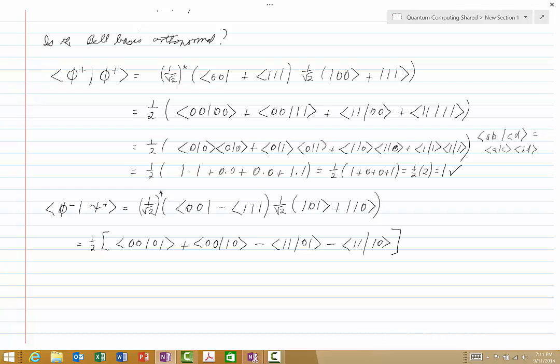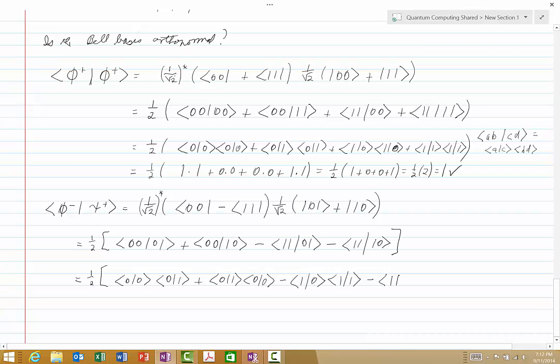And now, using the rule that we just learned, this is the same thing as 0, 0, 0, 1, this is 0, 1, 0, 0, minus 1, 0, 1, 1, and minus 1, 1, 1, 0.